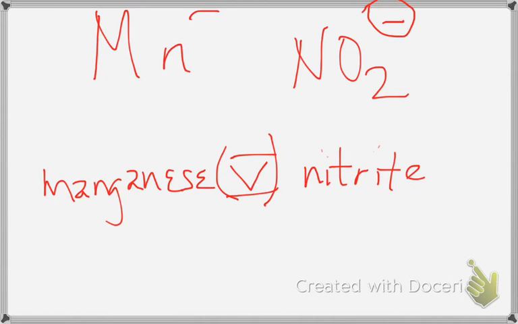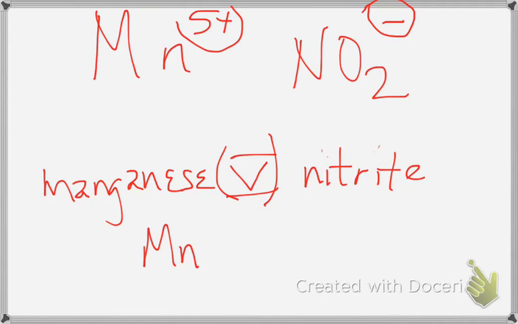It's a 5+, because it too is from the transition elements, a transition metal. So now we've got to put this together to balance out this ionic compound. What will be the final formula for this manganese 5 nitrite? It's going to be Mn.